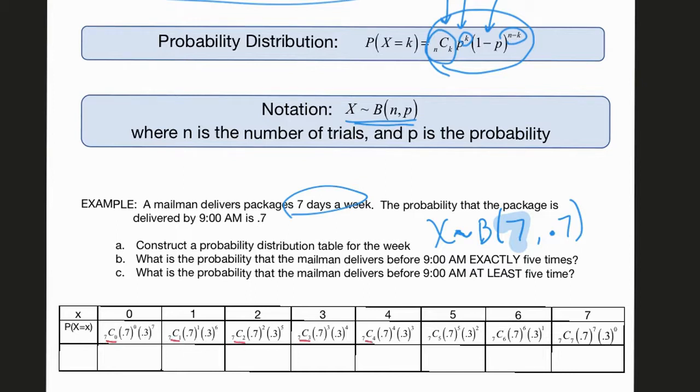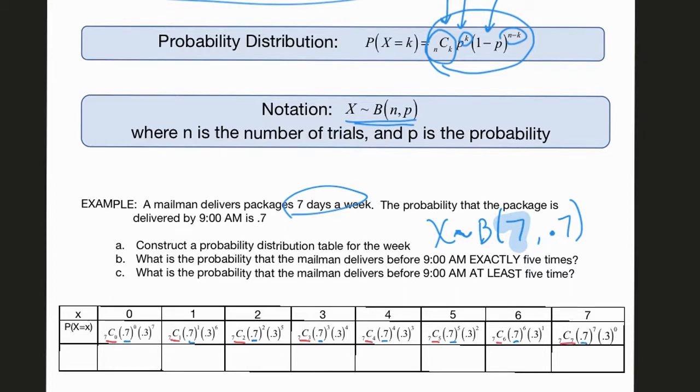It's the same number that you would get if you use Pascal's triangle or the pattern. The first number that you're seeing here is the probability of it being before 9 a.m. Notice that you can see the exponents are rising on that one.